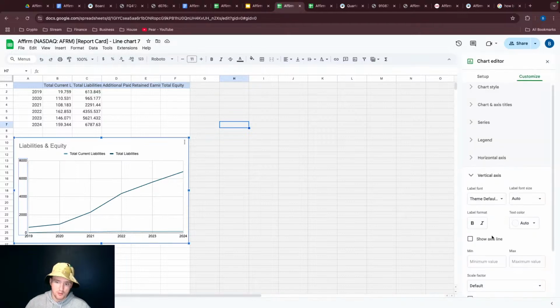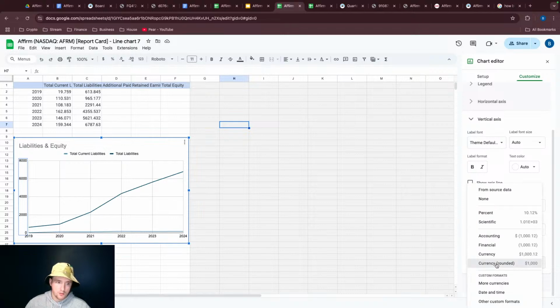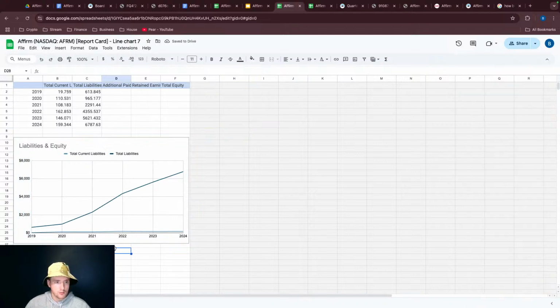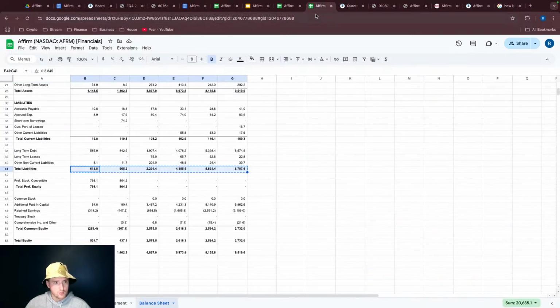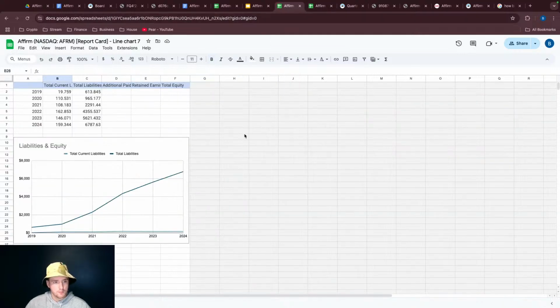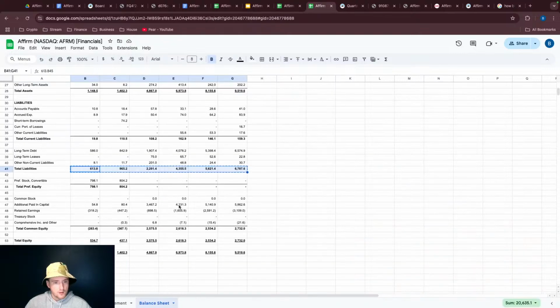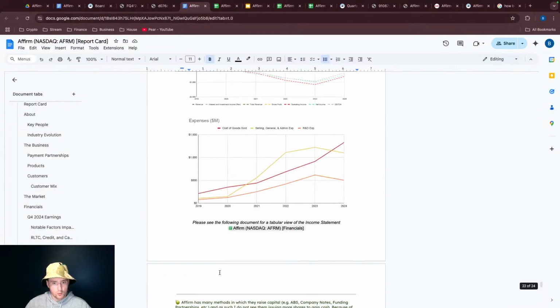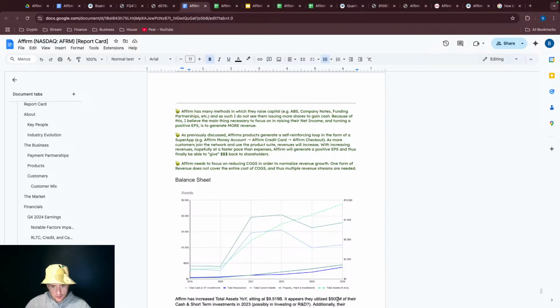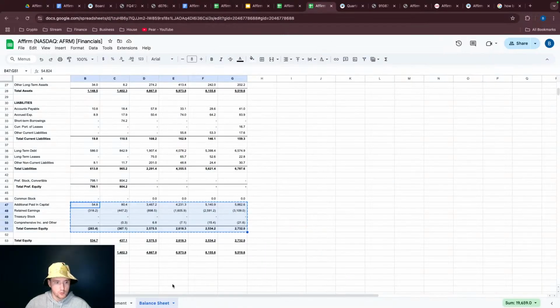Let's actually currency rounded. Thank you. Additional and retained earnings here. Actually, let's just do these. Now, did I do total assets in here? I did. So I will also have to do total liabilities and equity.